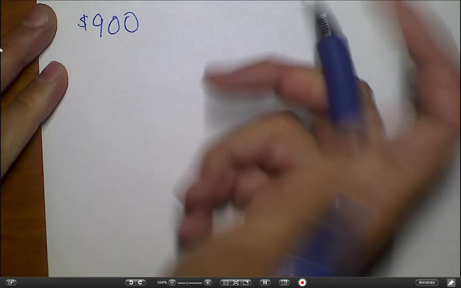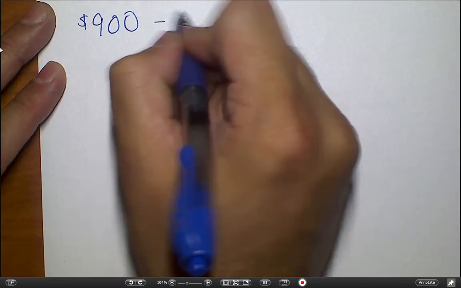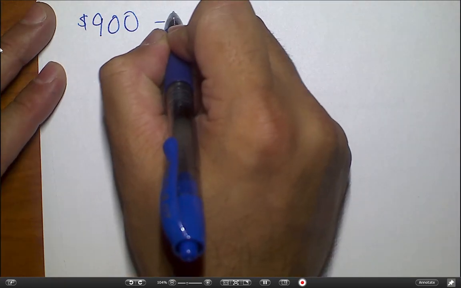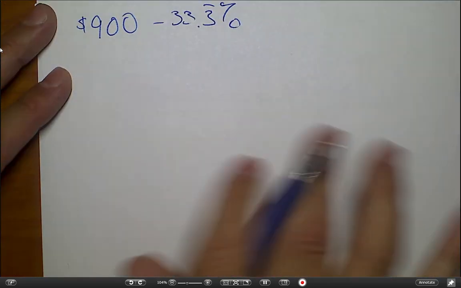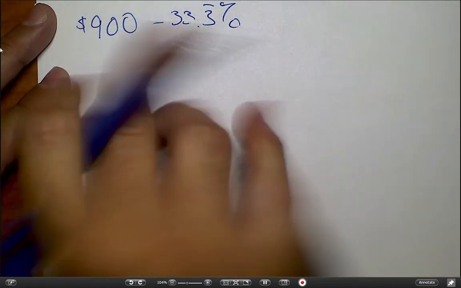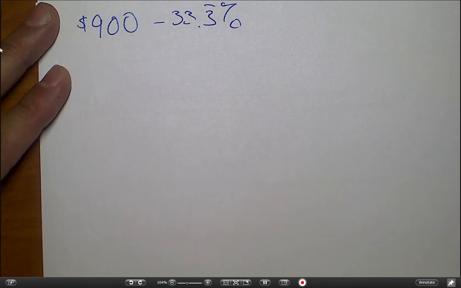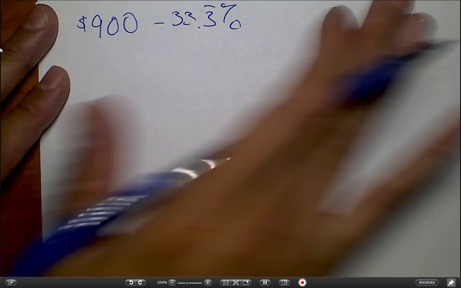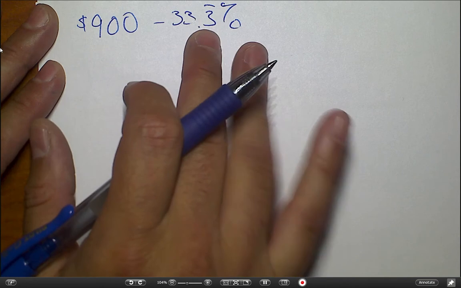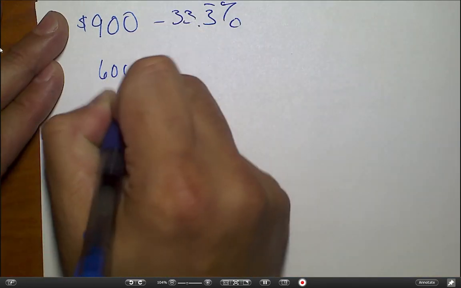So minus 1/3, which is 33.33%. It's taking away 1/3 of that whole thing. How many thirds do you have left over? You have 2/3 left over, don't you? So after I took that away, I have $600 left, right?